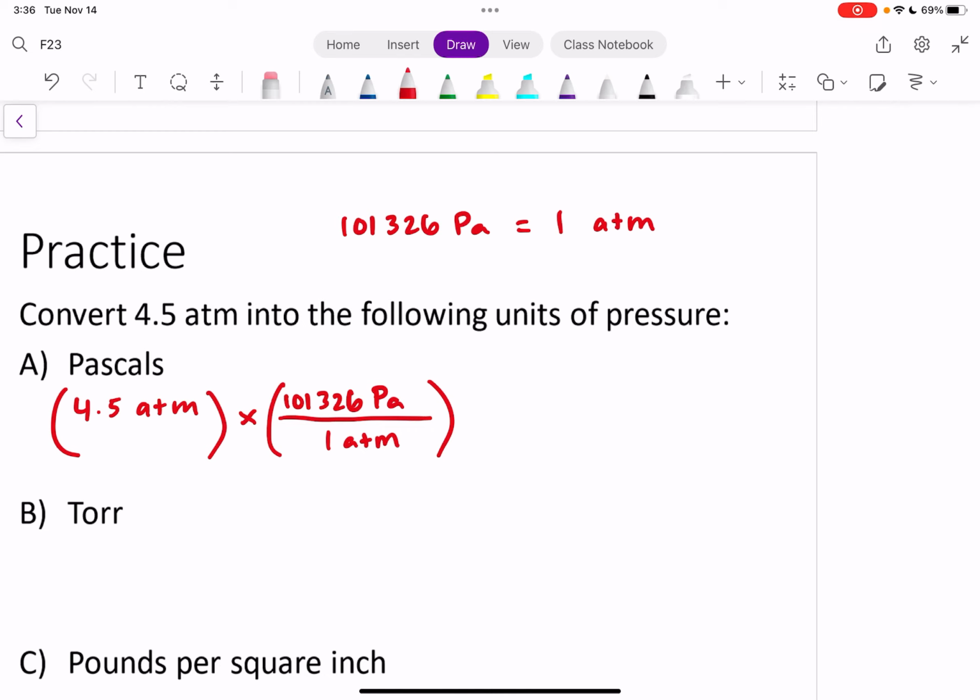So we're going to cancel out those atmospheres. And then we're going to have to do that calculation, which I got 455,967 pascals. And then rounding for sig figs, we could probably round that to 460,000 pascals.